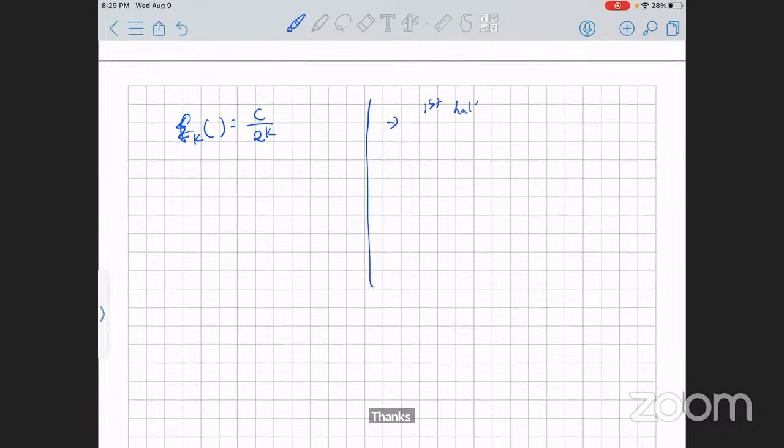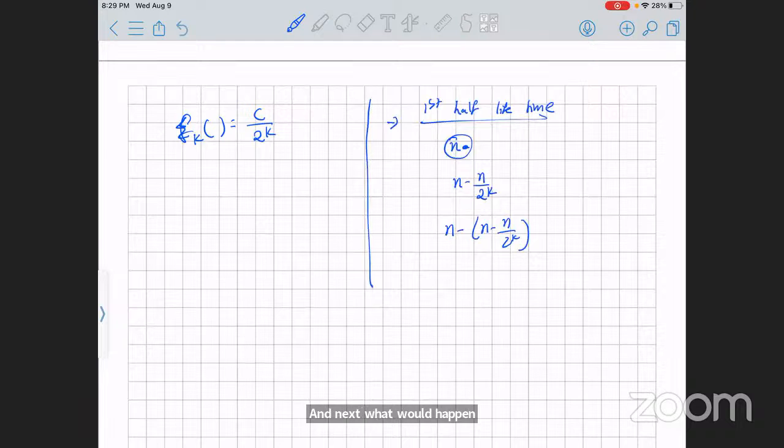Let n be the number initially, but after it is n minus n by 2 power k. Agree? And next what will happen? n minus n by 2 power k. So it happens like this.